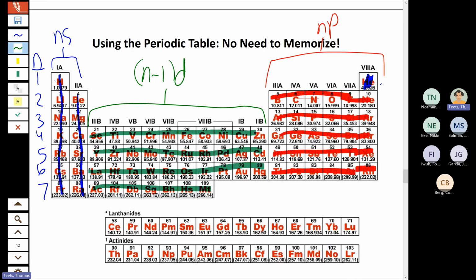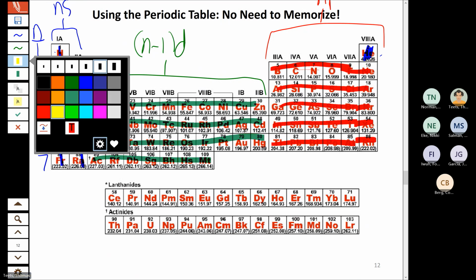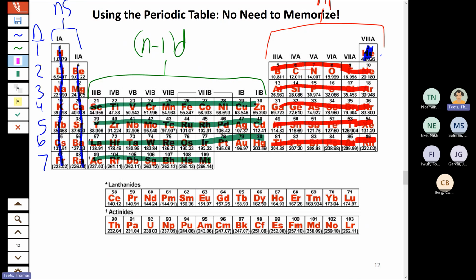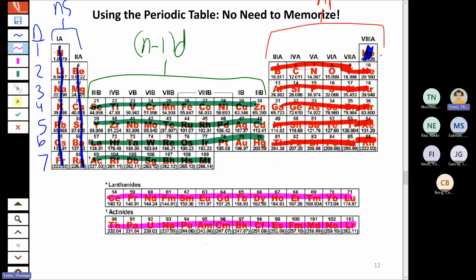And then the ones down here, which we won't deal with as much, but we need to make sure we know where they are: down here we have these two that are sort of cut out from the main periodic table. Those are going to be the F subshells. These are technically (n-2)F.